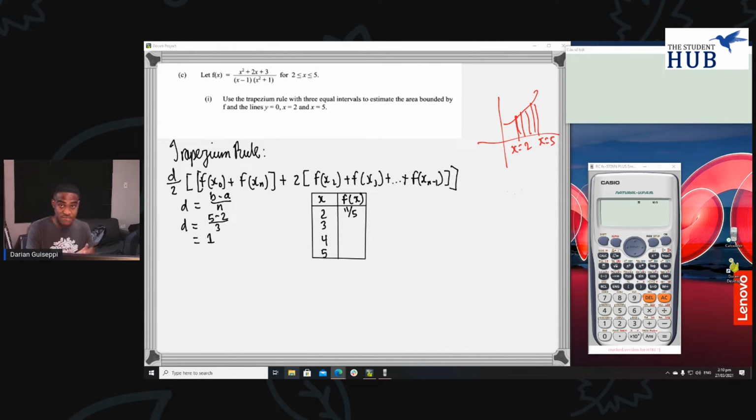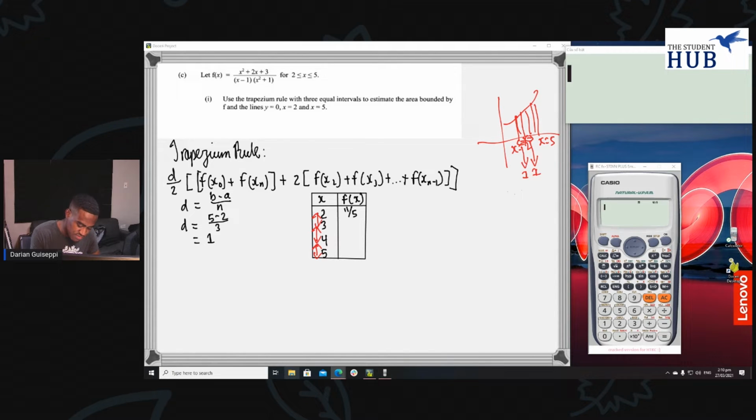So each interval, this is an interval here. This is an interval here. These are intervals here. Each one is size 1 unit, right? So that's why we start with your lower limit, and we add 1 to it. We add 1 here again, and you see it reach 5. So this would represent the first interval, this is your second interval, and this is your third interval.